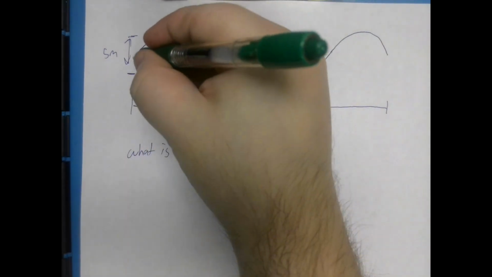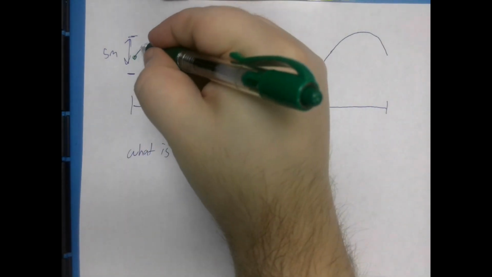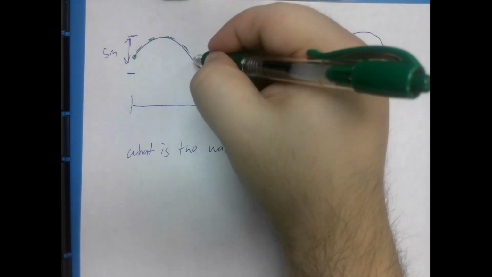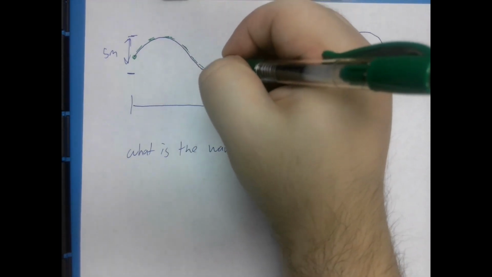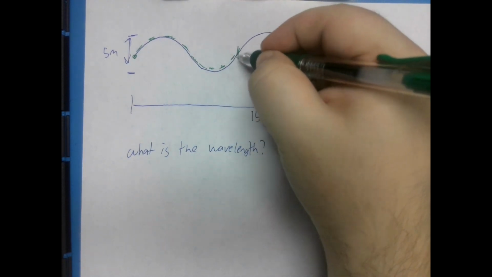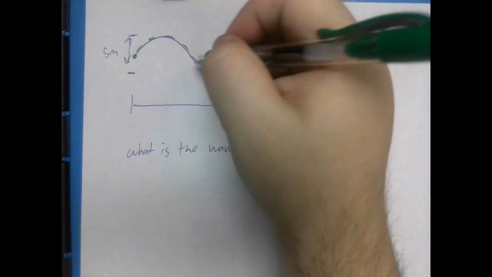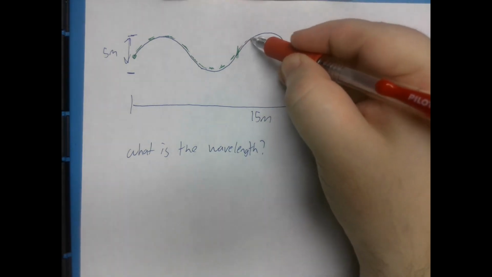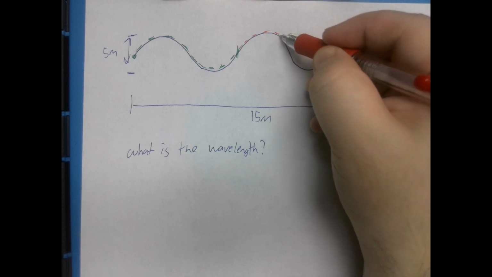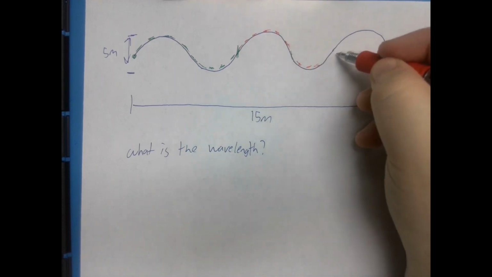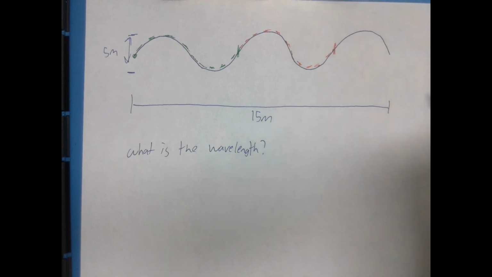So again, if I start here, this point right here would be the end of it. So this is one wave. And then if I were to continue it, this point will be another wave.